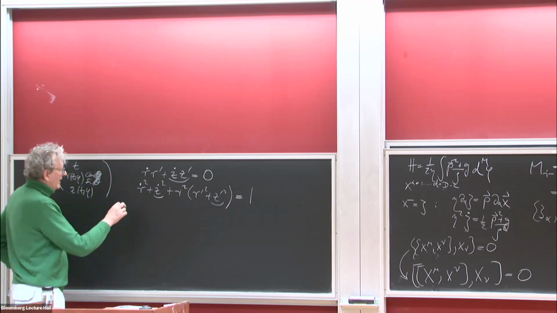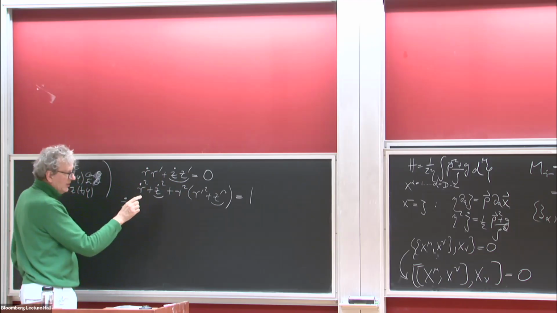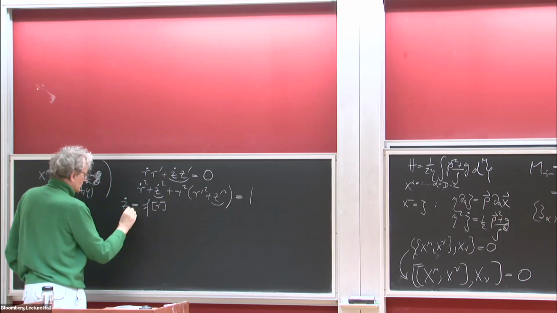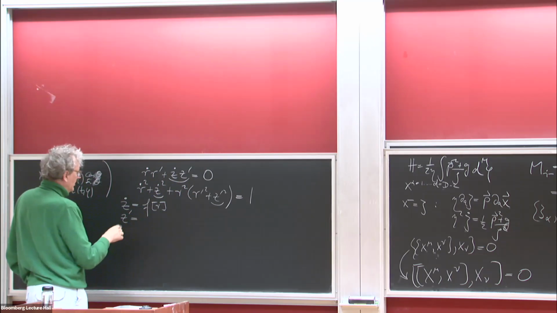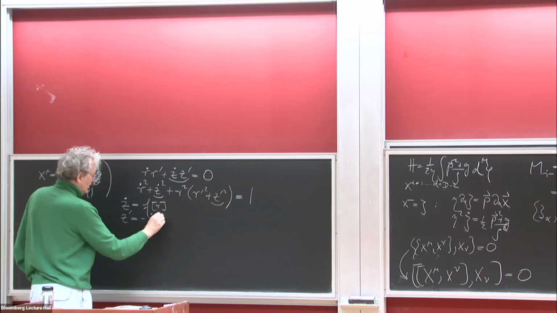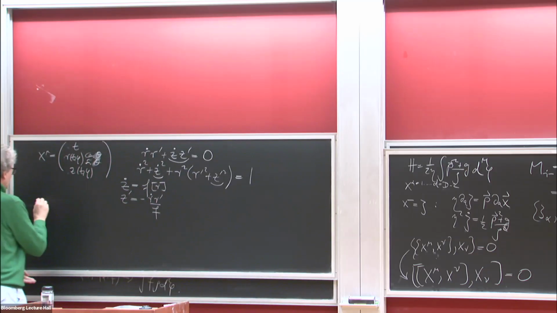I do the following. I eliminate Z dot and Z prime in favor of R, R dot, and R prime. So some complicated F, I will write it down in a minute. Z prime is then minus R dot R prime over F. And F is unfortunately pretty complicated.